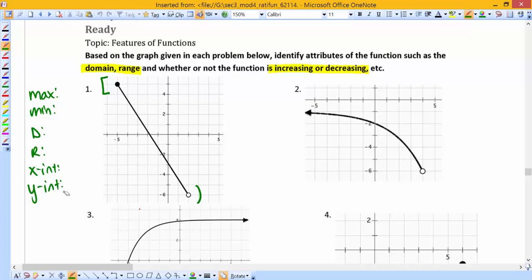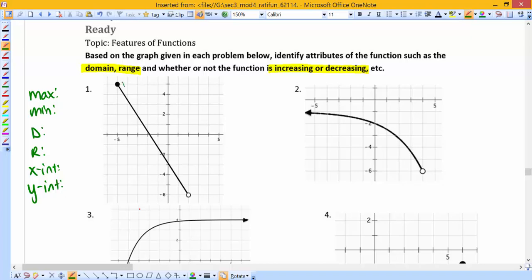Your x-intercepts, your y-intercepts, whether your function is increasing or decreasing, and anything else you can think of that might help you prepare for our next section. So let's just do this. I'll do number 1 with you, and then you guys can work on the rest.